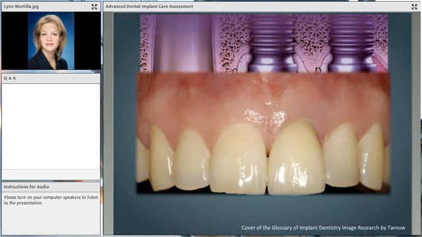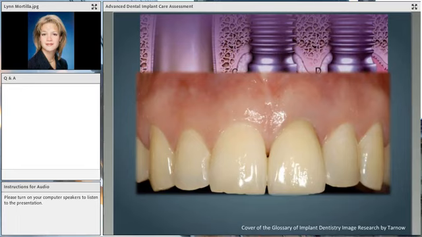Now, when you initially look at this slide, you think, oh, that looks pretty good. I'm going to have you focus in a little bit. We are talking about assessment. If you focus in, you can see that this contact is a little light right in the middle of these two anteriors. You can see there's a little black space there, a little bit of graying, and you see the abutment here.